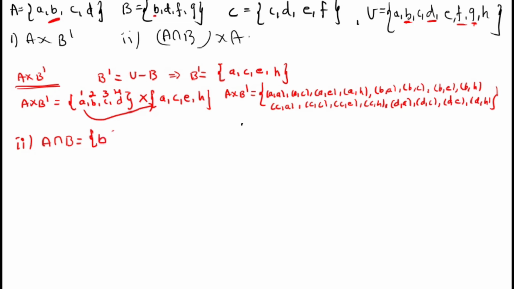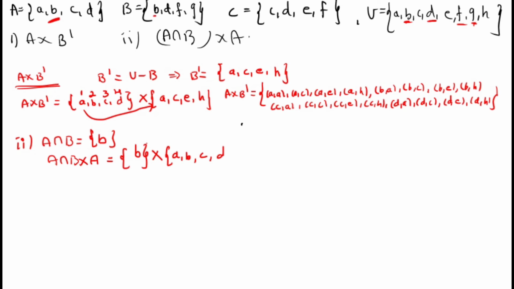Okay, now the question is A intersection B cross A is given. Okay, it's equal to, what is A intersection B? Write the set, having one element, that is B. Then cross, okay, you need to do the cross product with the set A. Set A is equal to you will get A and B, third element C, and the fourth element is equal to D. Okay, now find the cross product.